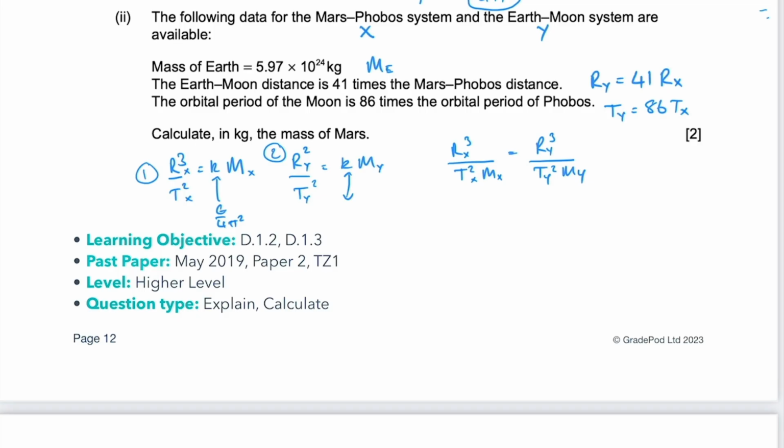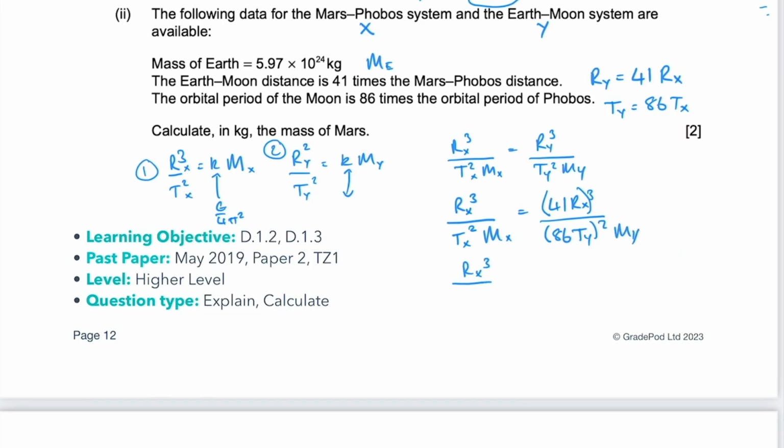And now I think it's a good idea to make some substitutions, okay? So we have Ty is equal to 86 Tx. So let's write this out again, but instead of writing Ty and Ry, let's put the substitutions in. So Rx cubed over Tx squared Mx equals, now Ry is 41 Rx, so 41 Rx cubed over 86 Tx squared My.